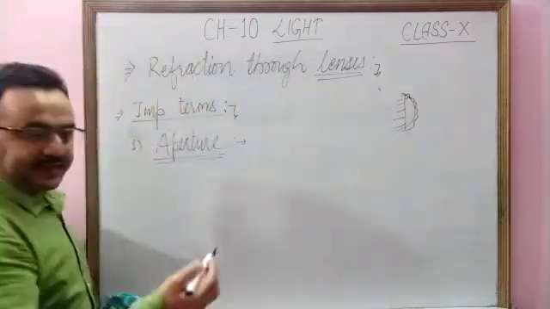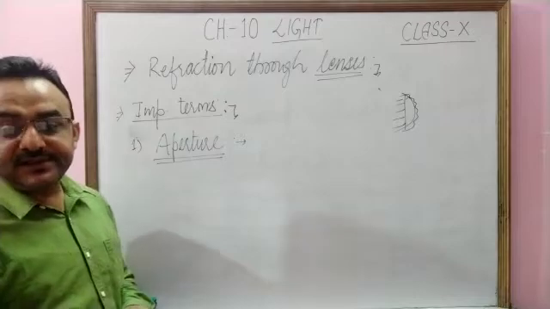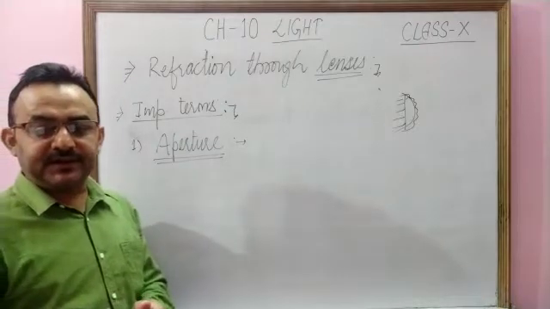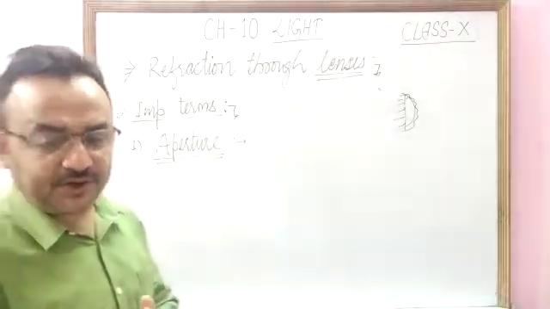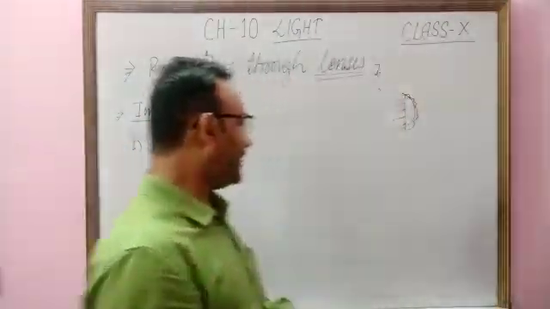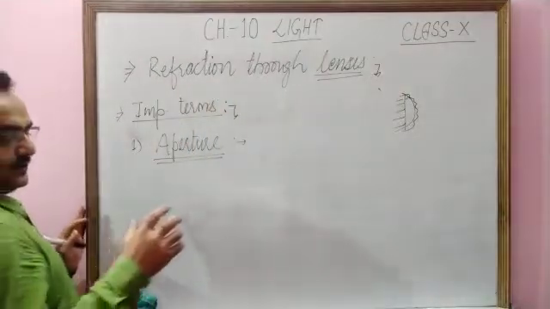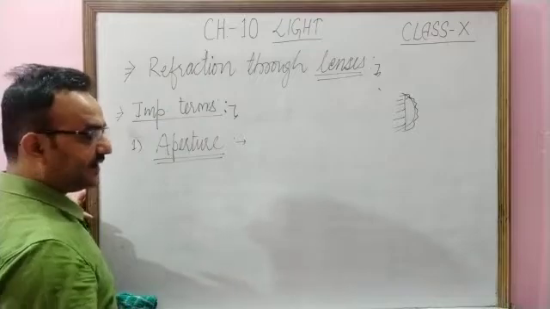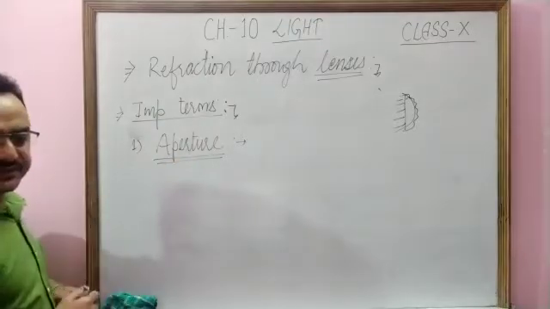Similarly here, the area of lens available for refraction of light is called aperture.